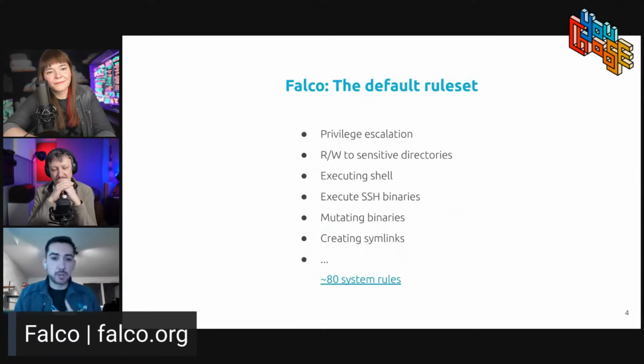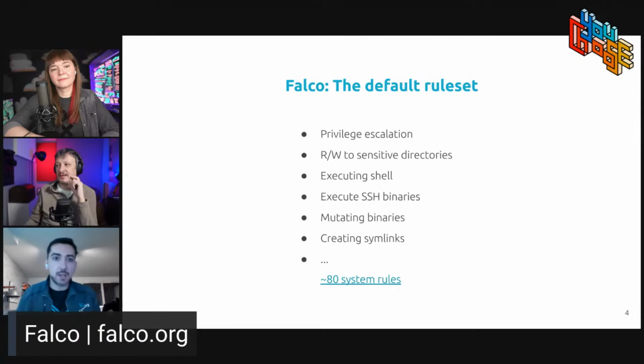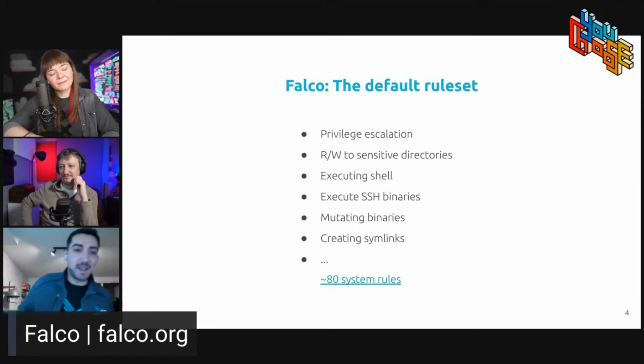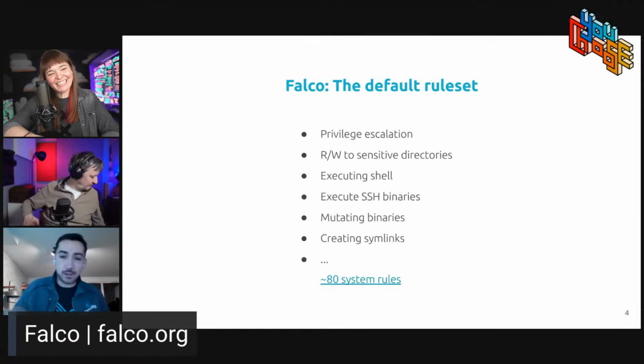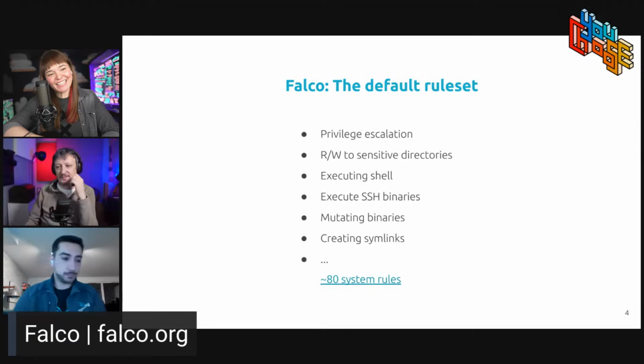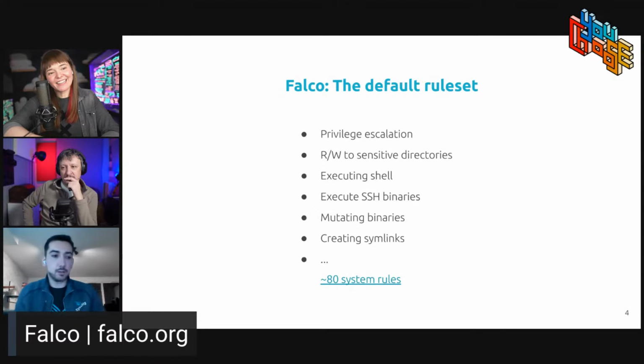Of course, in that journey, we don't want you to feel alone, so the community and the Falco maintainers provide a list of default rule sets to detect the most common patterns we may face with the bad internet. We know all attackers will try to reach the same goal, whatever CVE they use, whatever flaw they found.